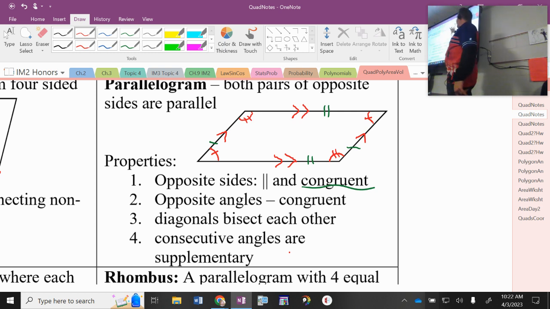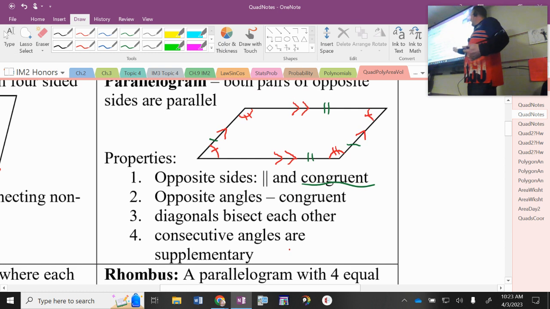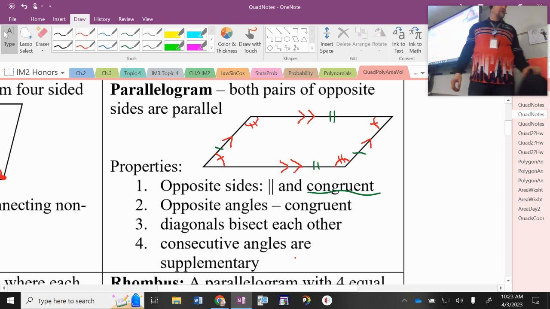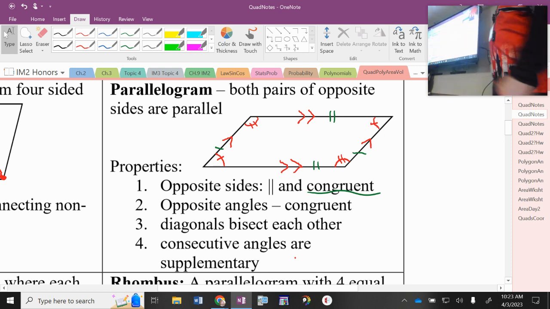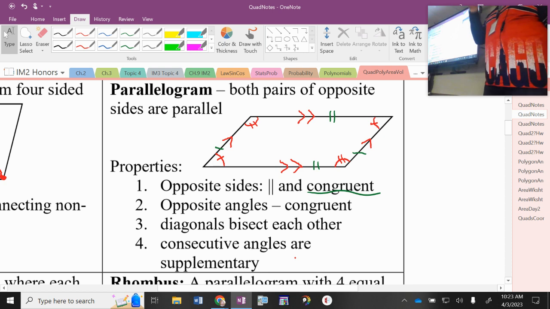When 2 parallel lines are cut by a transversal, same side, I think my elbow hit the screen. That's why that moved. Same side interior angles are supplementary. I almost said congruent, which I did not. Supplementary. So opposite angles are congruent. Same side or consecutive angles are supplementary all the way around.